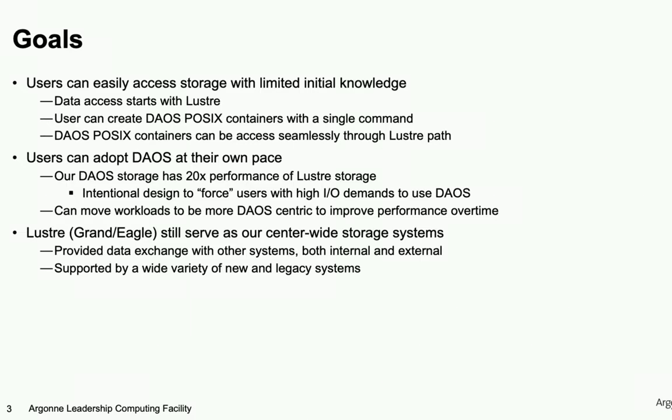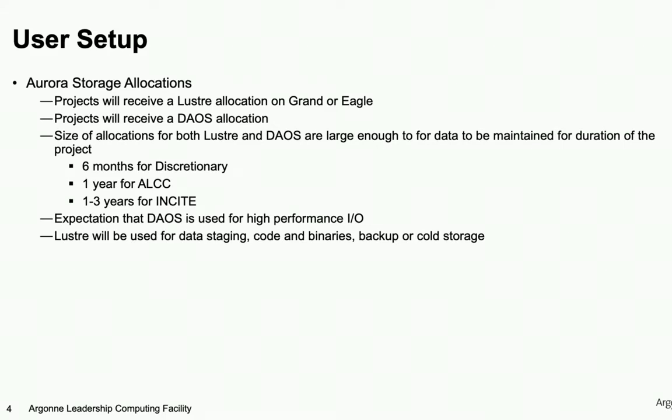So what is the user view of how we set things up? When users have a project, they get a storage allocation as part of their overall compute allocation and other elements of using the system. So projects will receive a Lustre allocation on one of the two Lustre file systems, and they'll also receive a DAOS allocation.